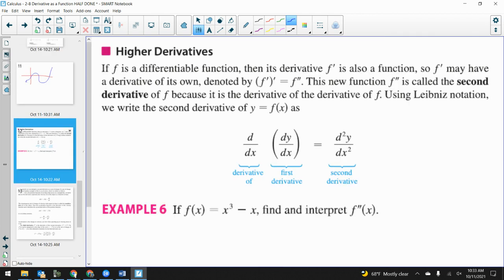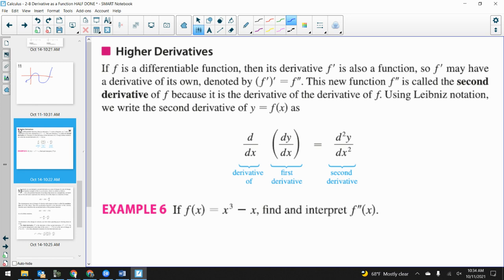All right. Now, just like you can take a single derivative, you can take a double derivative. What happens if you find the derivative of a derivative? What happens if you find the derivative of a derivative of a derivative? That process could keep going on. There are different implications if you keep going. But it is possible. If f is a differentiable function, then f prime is also a function.